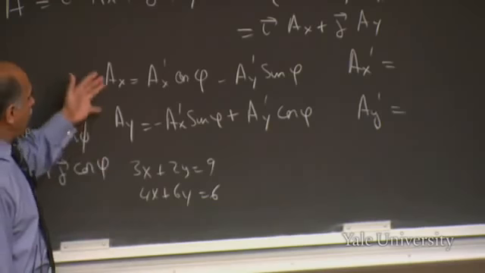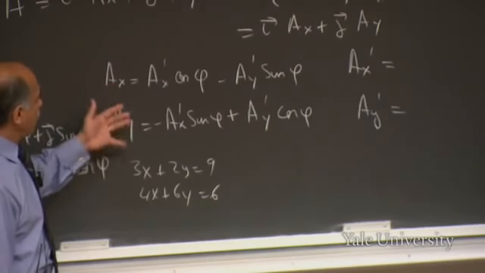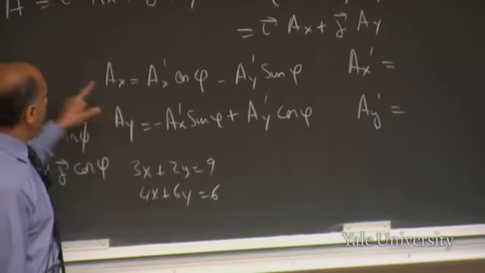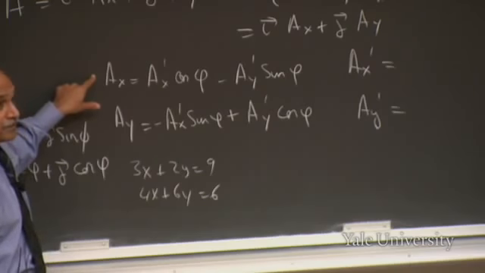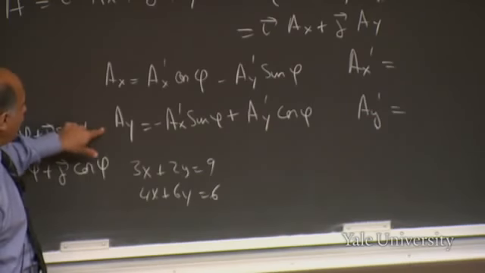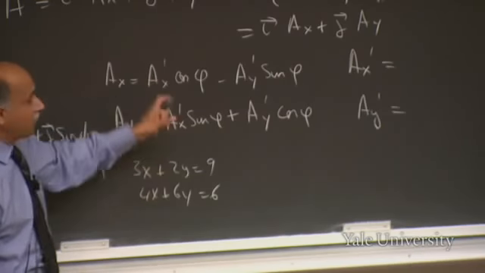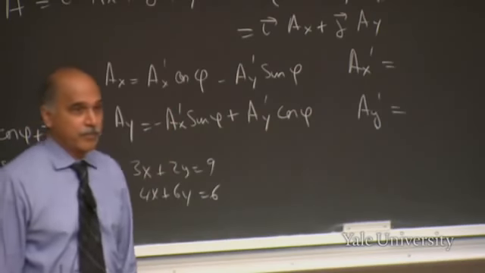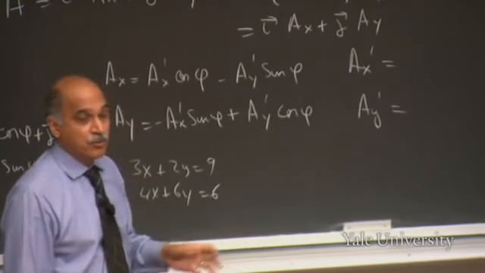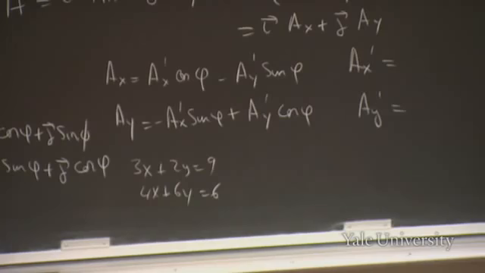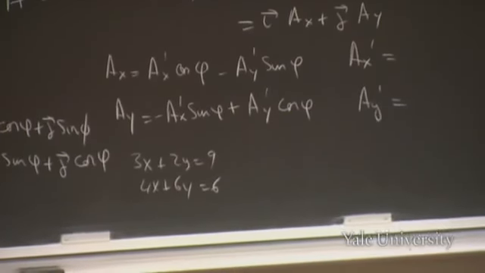Here, though, what you will multiply by would be sine phi and cosine phi, so you can eliminate. For example, if you multiply this by sine phi and multiply this by cosine phi and add them, the ax prime will drop out. So that's the kind of thing you should do. I will add this on as a problem you should do in the homework.